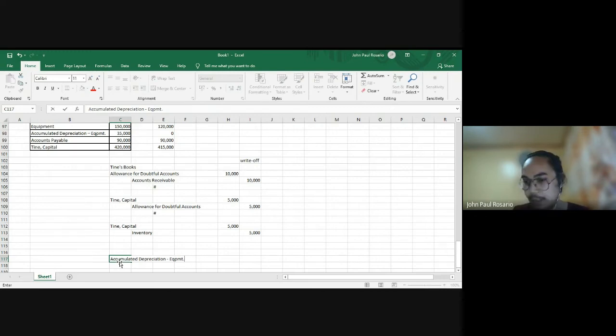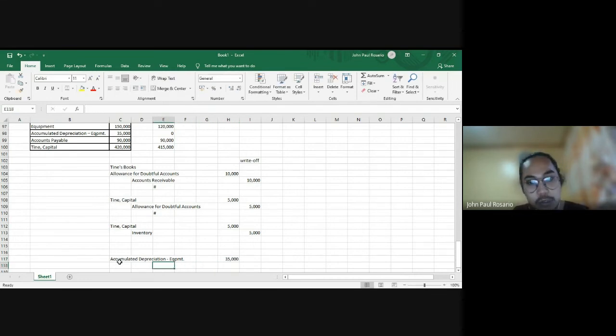Just like allowance for doubtful accounts, accumulated depreciation is a contra asset account. It's part of the assets, but it has a credit normal balance. So in order to reduce the balance to zero, we have to debit it with the same amount as the balance, which is 35,000.